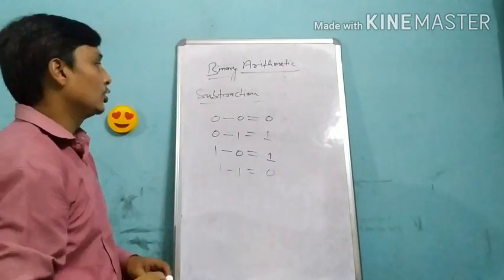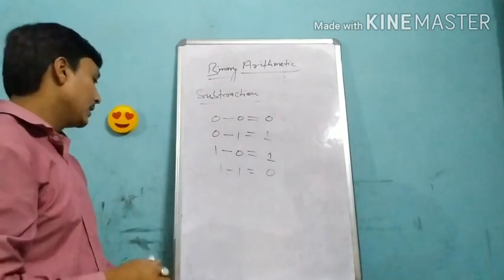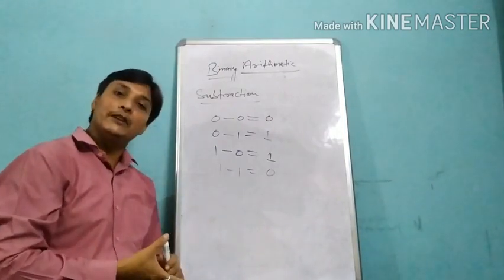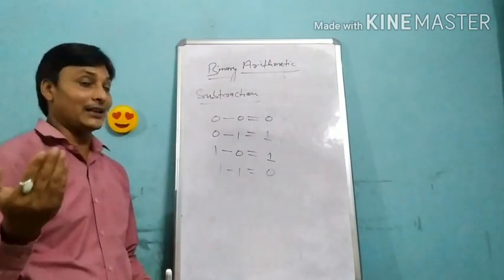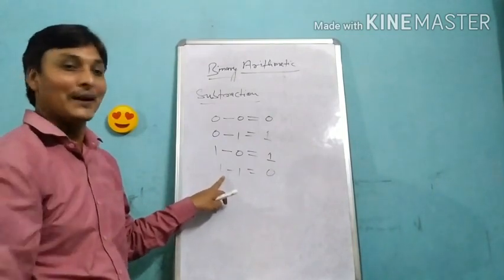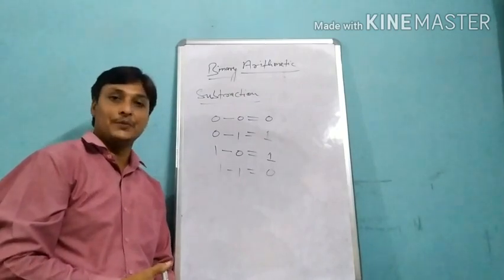Fine? 0 minus 0, the output will be 0. 0 minus 1, the output will be 1. And 1 minus 0, the output will be 1. And 1 minus 1, according to your maths, it would be your 0.